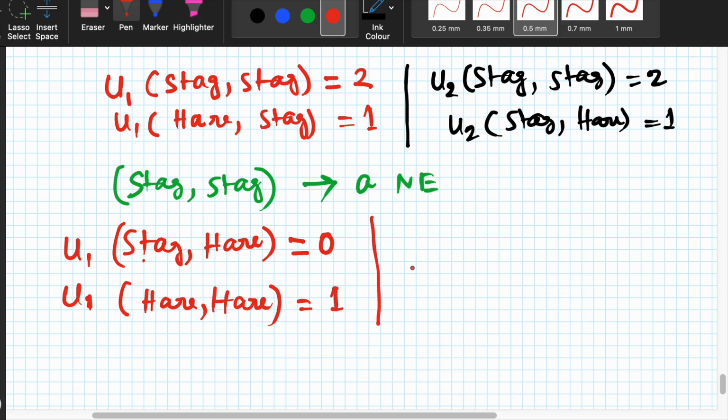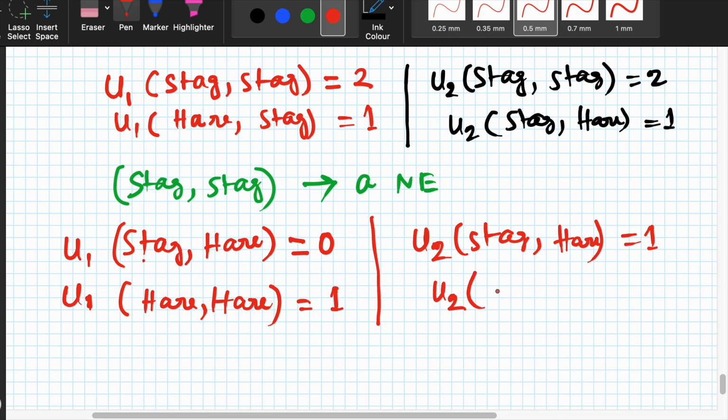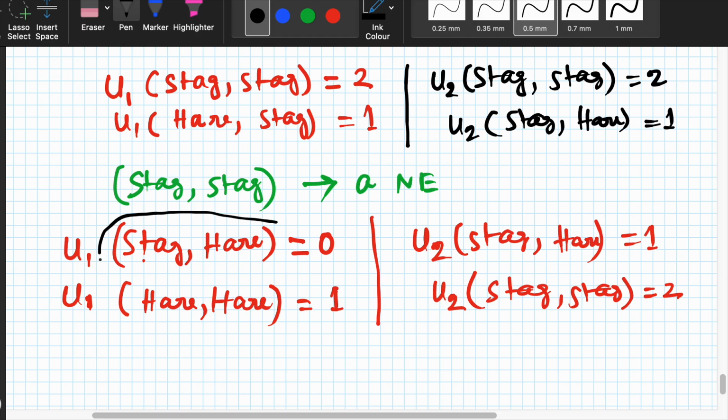For player 2 it is indifferent: stag and hare, he is also getting 1. And player 2 also in this situation has an incentive to change from hare to stag, so that will give him a payoff of 2. So both players have an incentive to change from this action profile, stag, hare, and that is why this is not a Nash equilibrium.